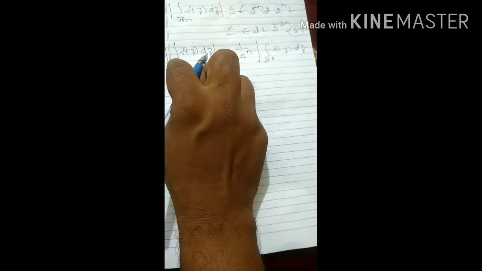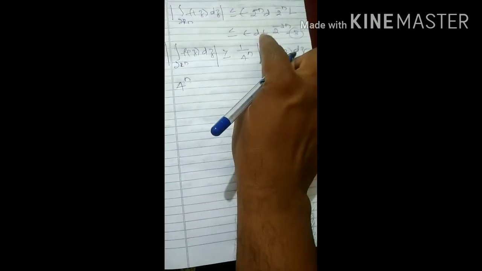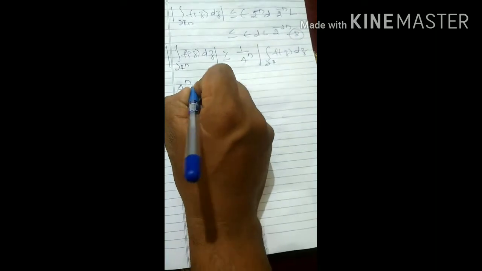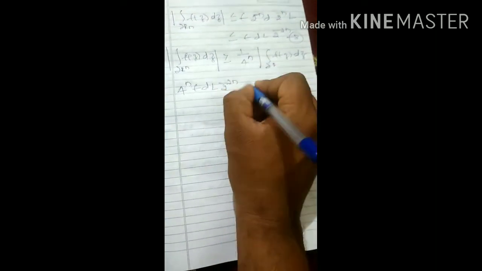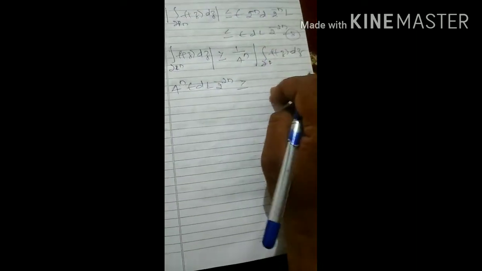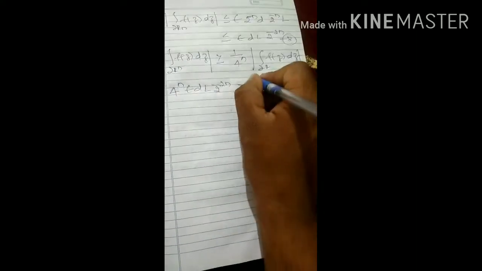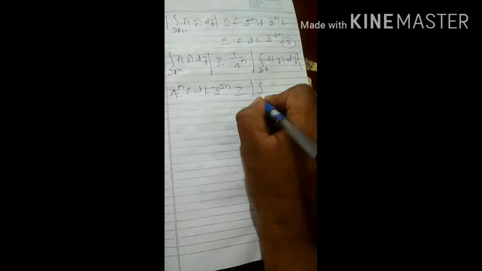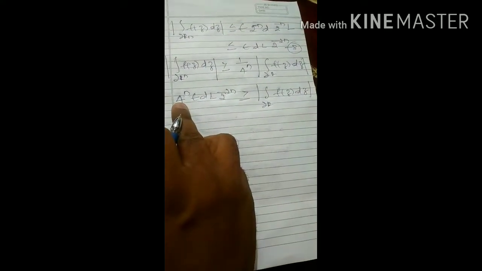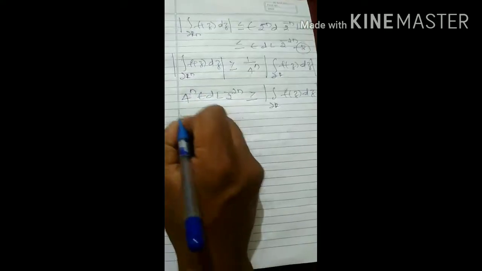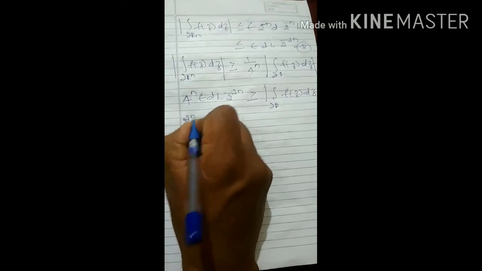So 4 to the power of n times epsilon d l 2 to the power of minus 2n is greater than or equal to modulus of the integral over del R of f of z dz. Now 4 can be written as 2 squared, so 4 to the power of n is 2 to the power of 2n.